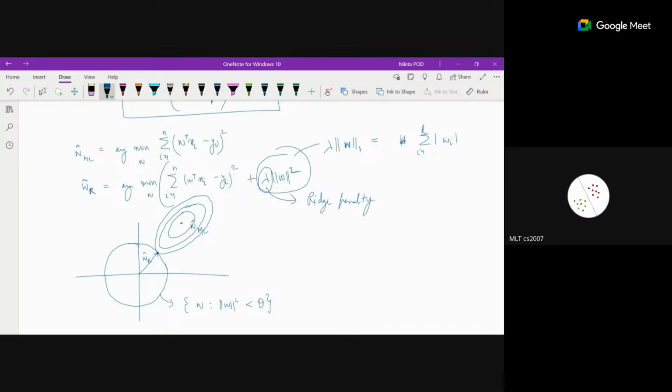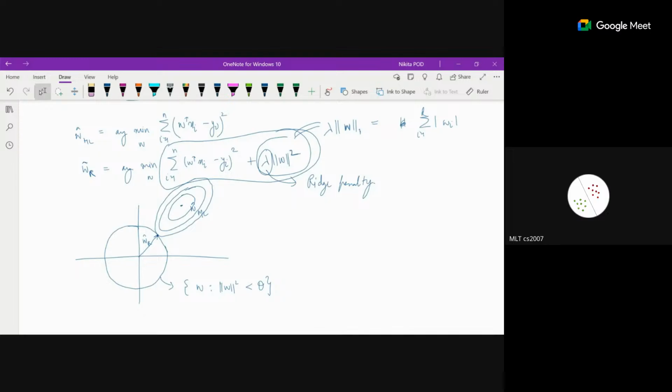Our problem is the same: we want to minimize this objective function, where now the regularizer term has changed, and we want to see where this W hat Lasso lies. When we saw that geometrically, what we saw is that our W hat L lies on the corners of this shape.